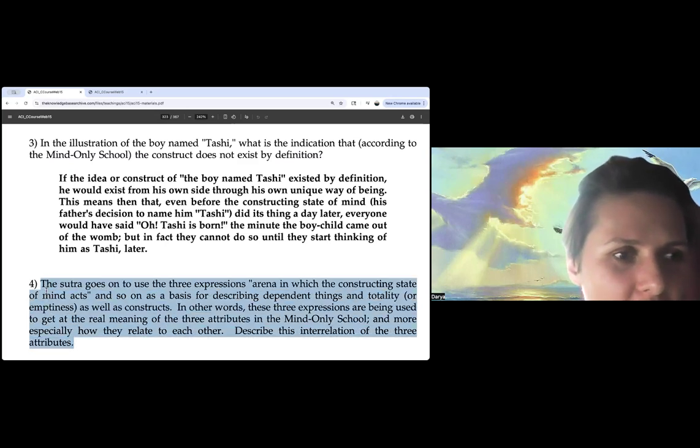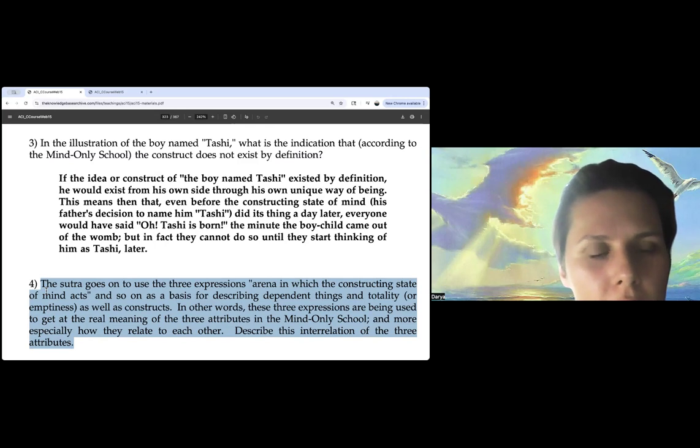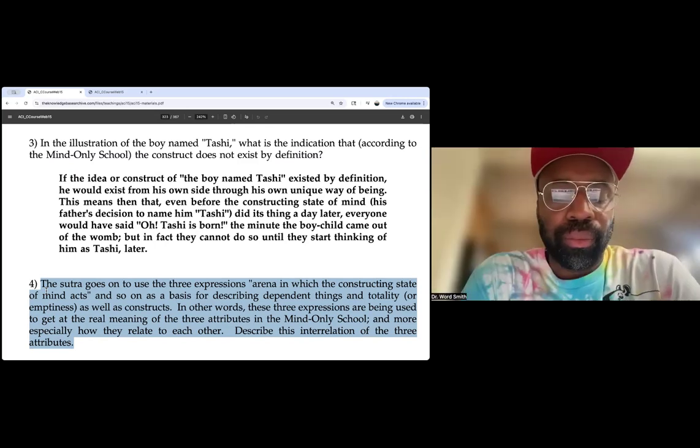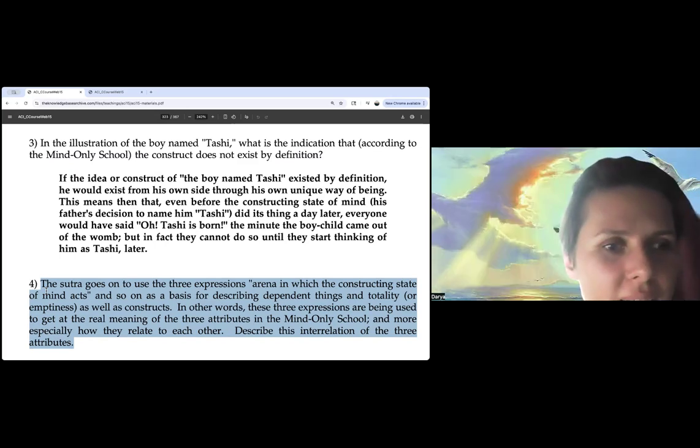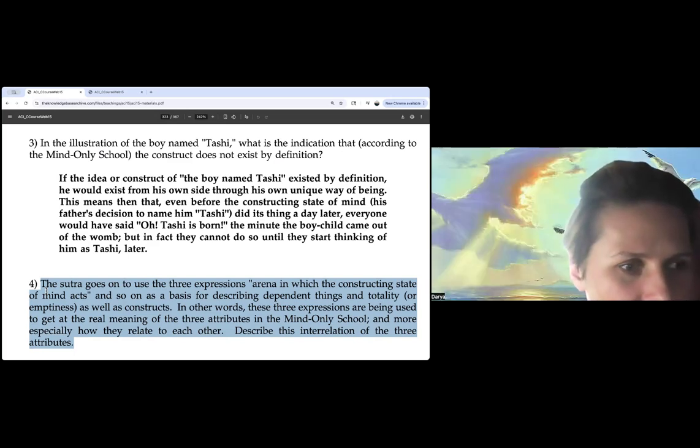The sutra goes on to use the three expressions, arena in which the constructing state of mind acts, and so on, as a basis for describing dependent things and totality or emptiness, as well as constructs.